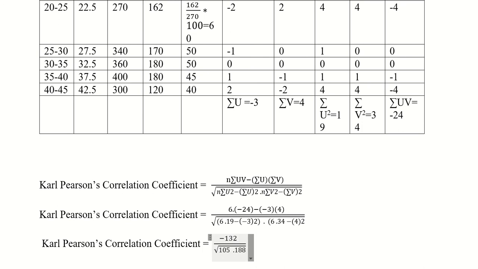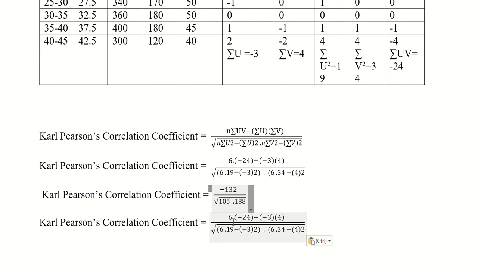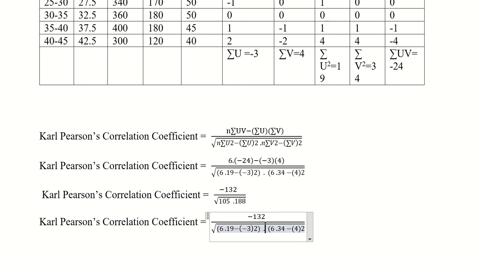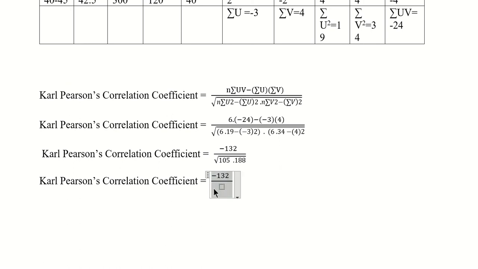So finally, just calculate it. 105's square root is 10.24, multiplied by 188's square root, which is 13.71.